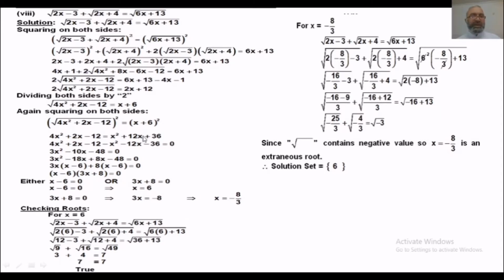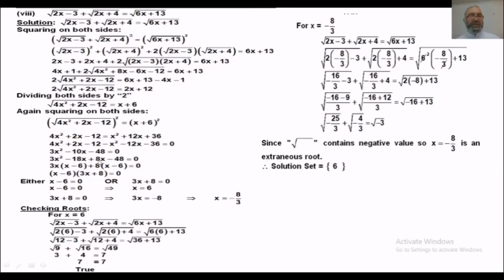Again transforming all the terms to the left hand side: 4x square plus 2x minus 12, minus x square minus 12x minus 36 is equal to 0. So adding or simplifying like terms, 4x square minus x square becomes 3x square, 2x minus 12x becomes minus 10x, minus 12 minus 36 becomes minus 48. So we get a quadratic equation in standard form.